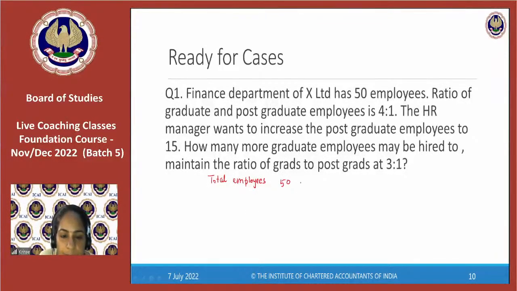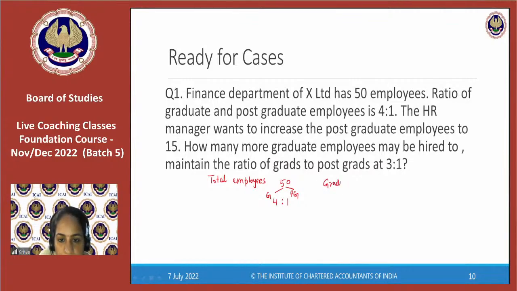Out of these 50 employees, we have some graduates and some postgraduates. The graduate to postgraduate ratio is 4:1. So can you calculate the graduate and postgraduate for me?